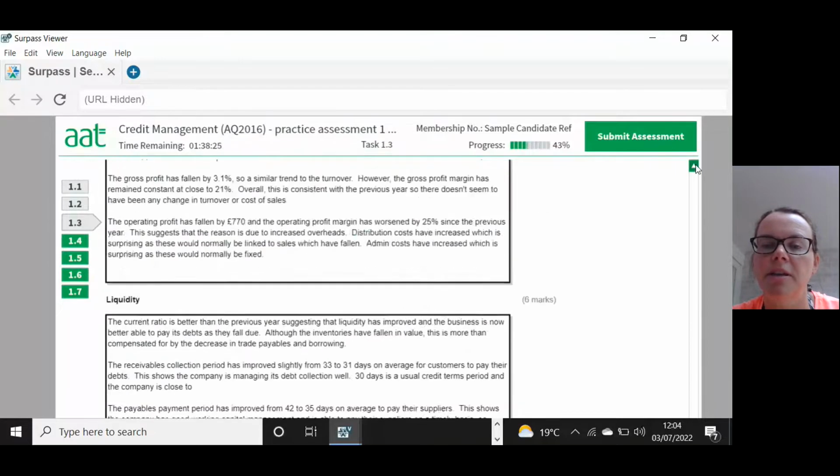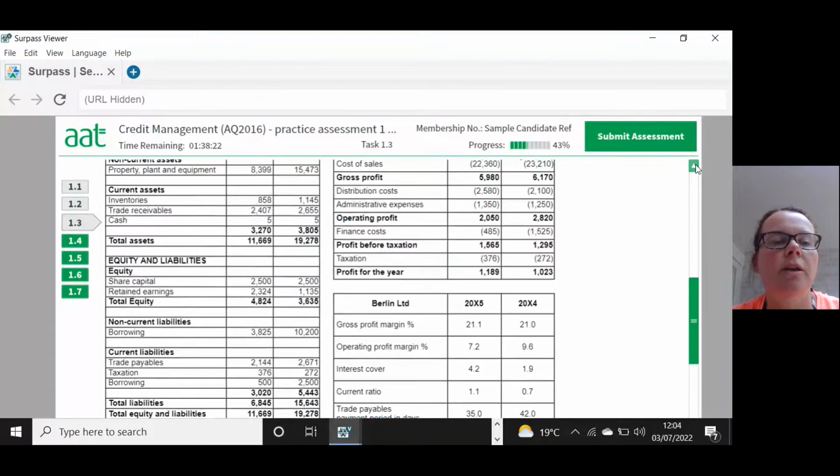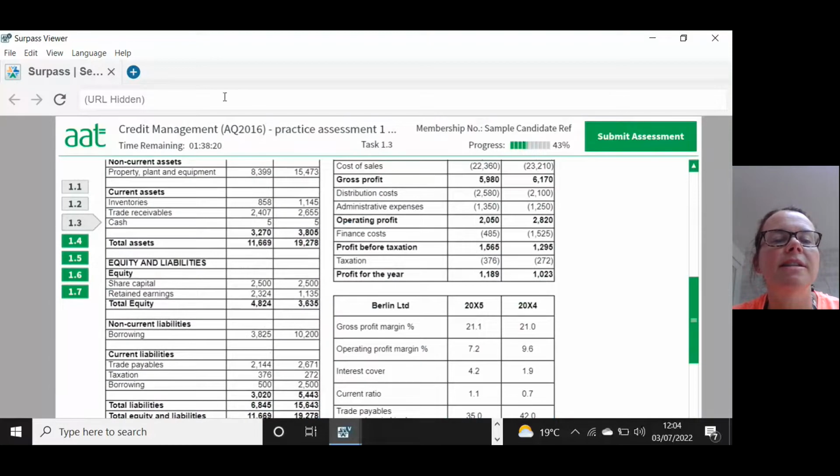Let's go up and look at the figures. Property, plant and equipment has gone from 15,473 down to 8,399. So maybe they have been sold off to generate some cash to repay some of the debt.